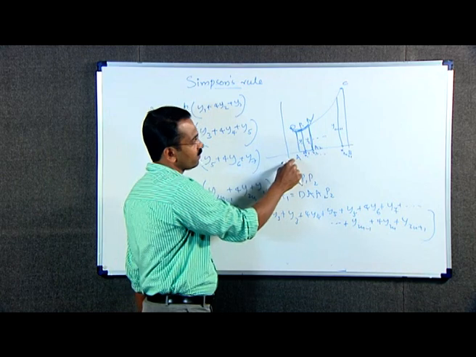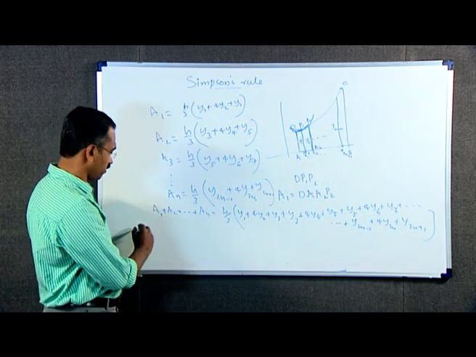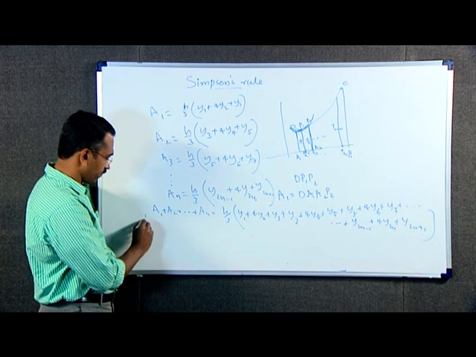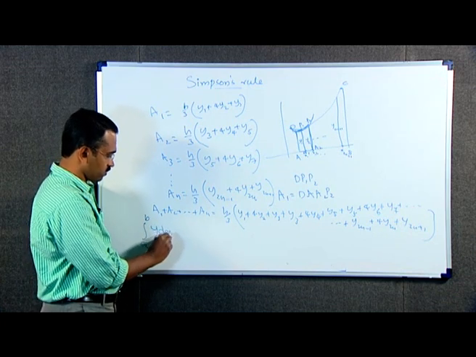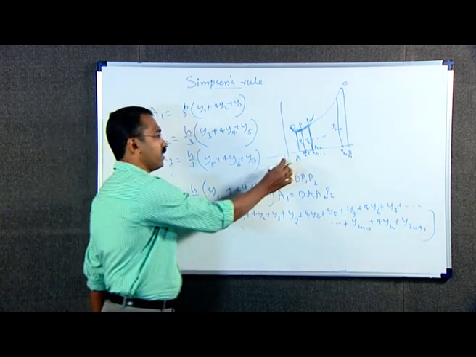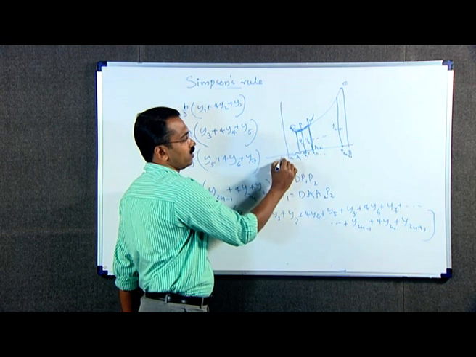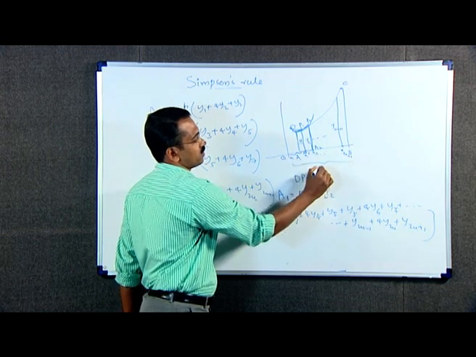The actual area of the region A, B, C, D is the integral from a to b of y dx, where OA is taken as small a, and OB is taken as small b.